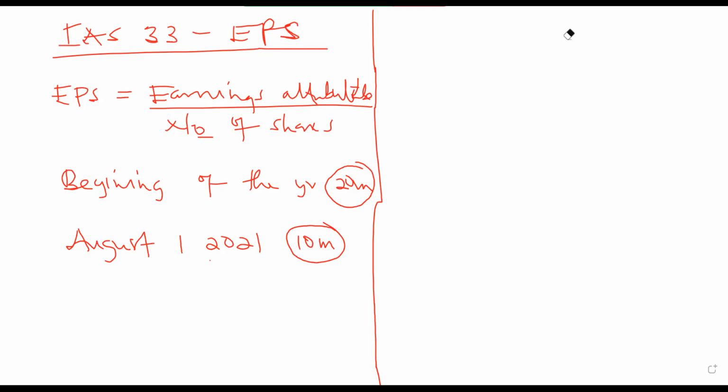So it's going to generate profits for the full year. But the one that is being issued on 1st August, September, October, November, December, that is 5 months. So it means that this particular number of shares is going to generate profit for only 5 months.